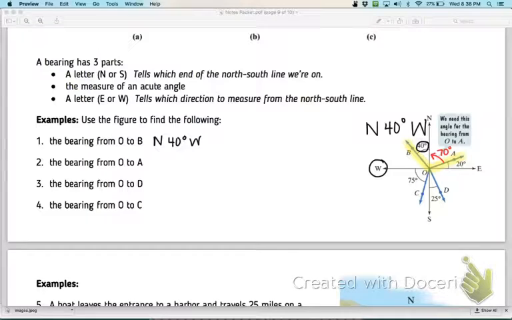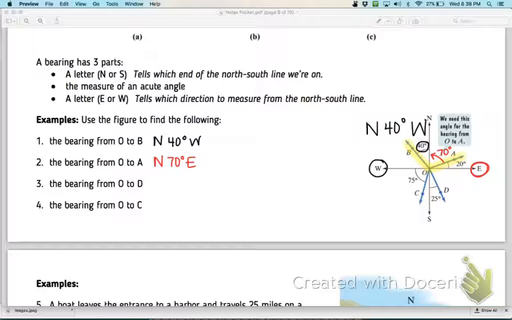And then because the arrow is pointing towards the eastern side, this one is going to have a bearing of north 70 degrees east. So that one is a little bit different. You might have to do a little bit of work sometimes to come up with your angle. The angle has to be included between the ray from O to A or O to B, whatever you're doing, and the north-south line. We're never going to measure towards that east-west line. So the y-axis is basically what we're thinking.